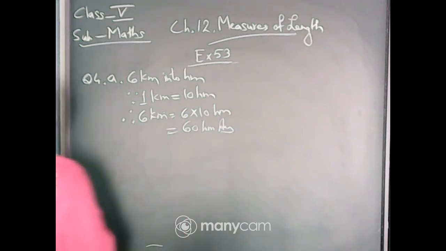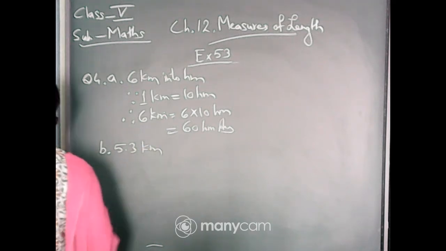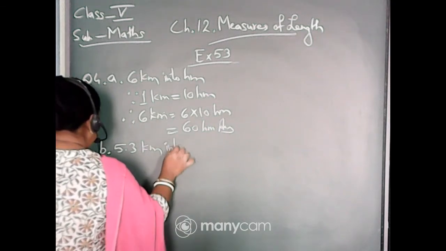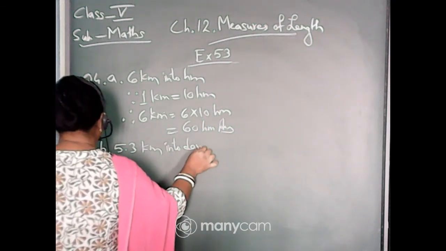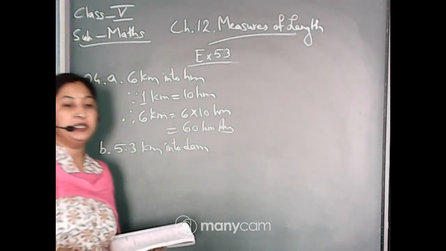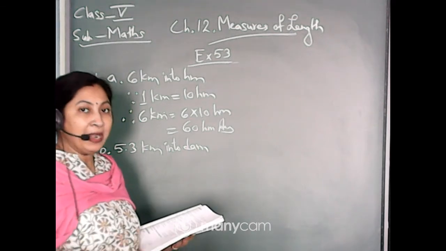Now come to number B. Number B is given 5.3 kilometer into decameter. That means you have to convert to decameter. So kilometer, then hectometer, and then decameter. That means 1 kilometer is equals to 100 decameter.